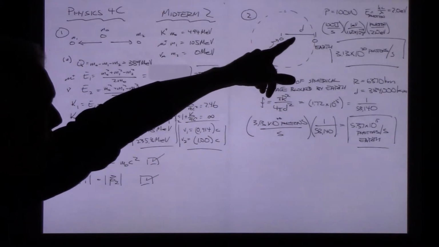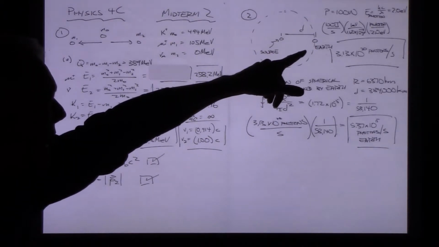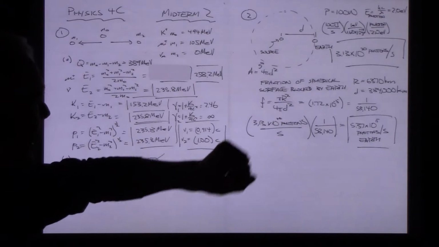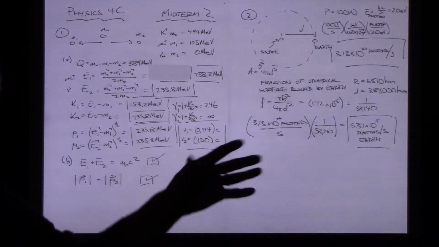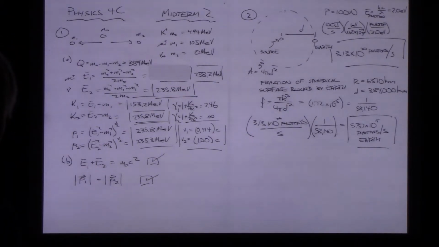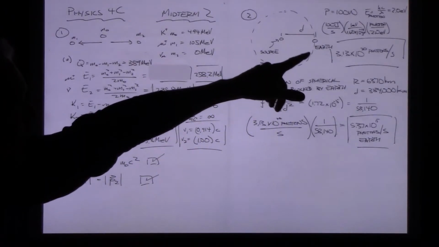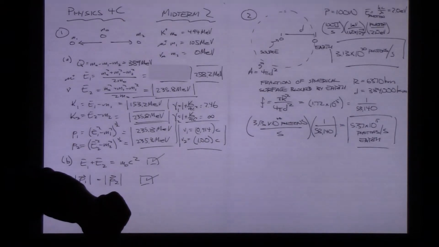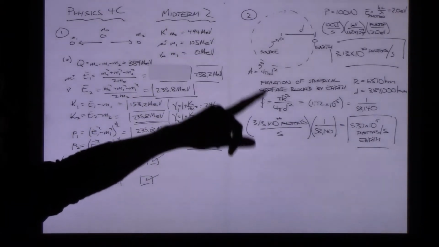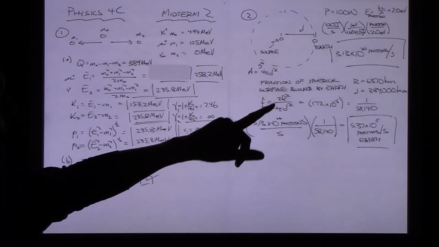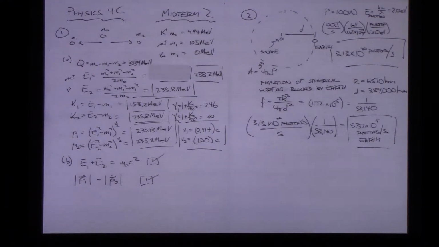So I took the 100 watts and wrote that as 100 joules per second. And then what I did was I found out just how much energy does each photon carry. And I used our favorite formula, hc over lambda, and it worked out, that's 1240 over a wavelength of 620. It worked out to be 2 eV. So these 620 nanometer photons have an energy of 2 eV for each photon.